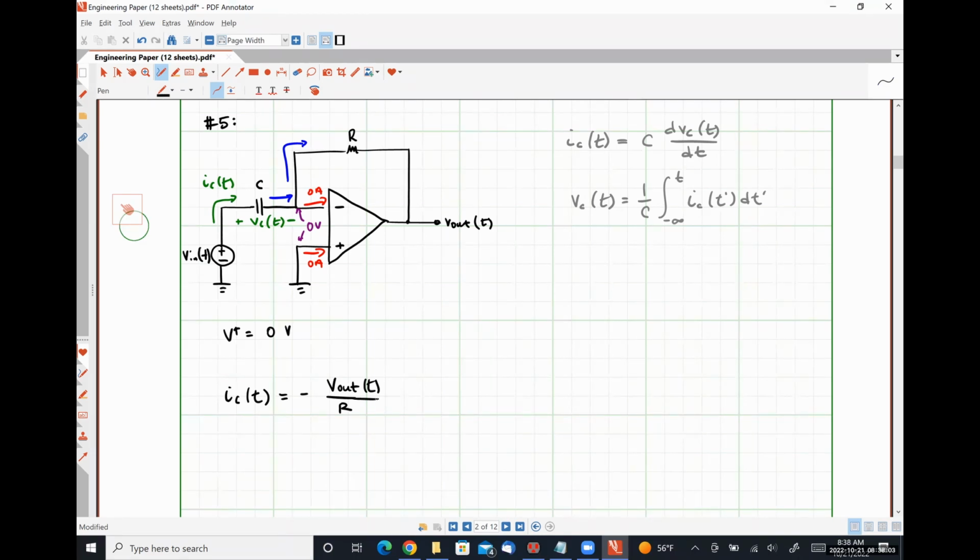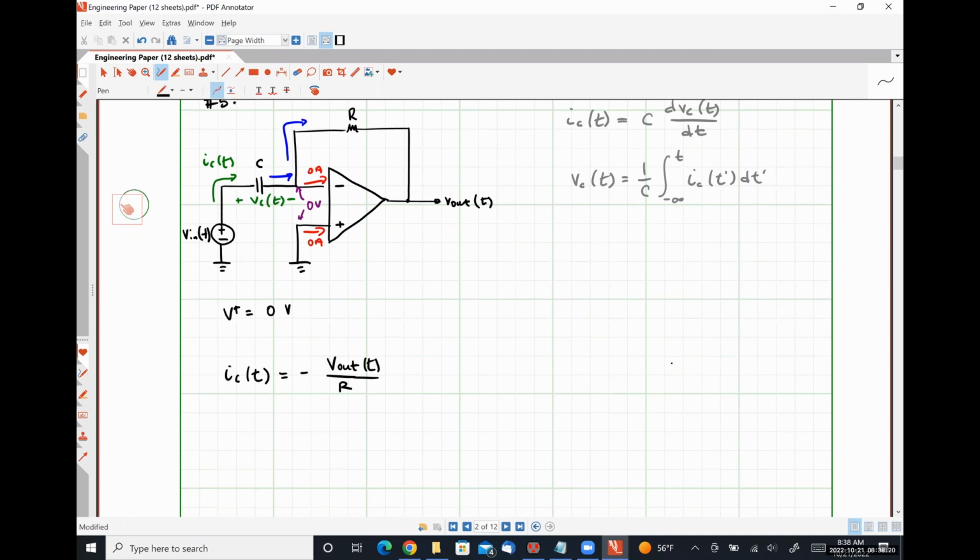So what we're going to do now is substitute in that first equation that I have written in the top right-hand corner, which tells me what my capacitor current is as a function of my capacitor voltage.